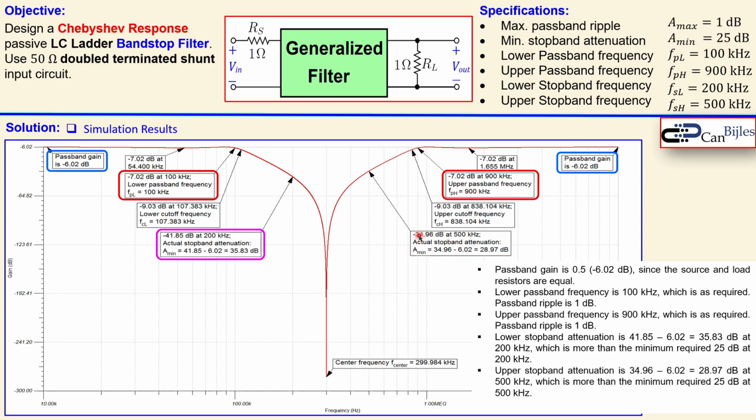At 500 kHz, that's the upper stop band frequency, it goes down to minus 34.96 dB, which is a decrease of 28.97 dB, which is also sufficient because we need a minimum of 25. But you see in this case that it is not symmetric, so the decrease in gain here is not the same as the decrease at the lower stop band frequency. But it is sufficient, so that is definitely the minimum of what we wanted.